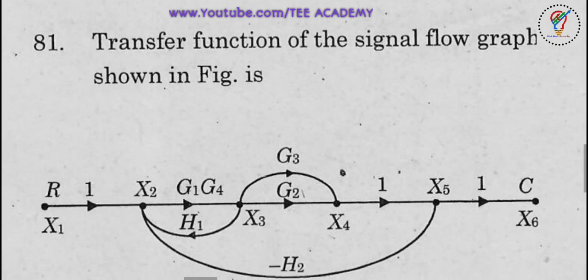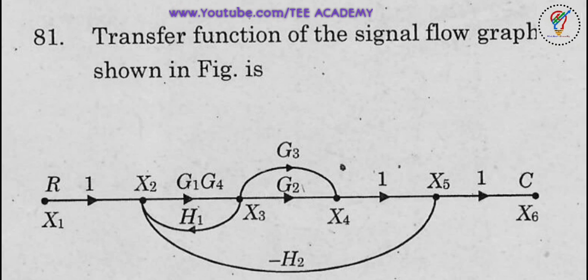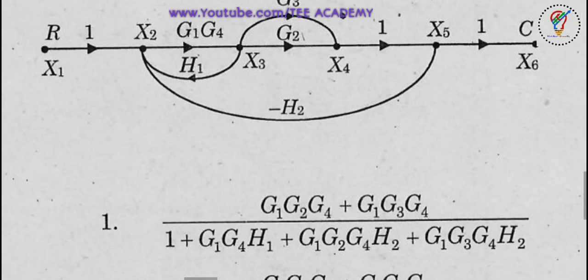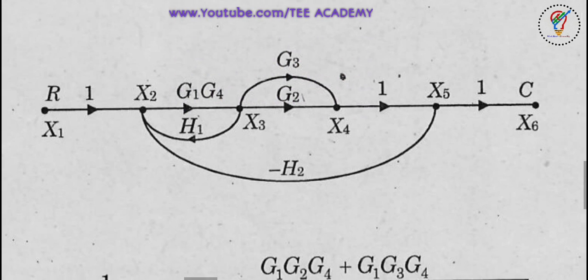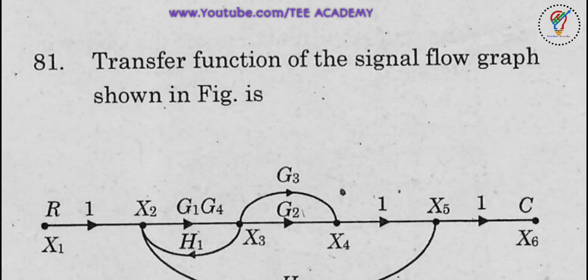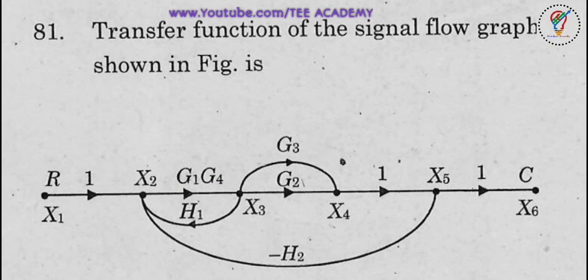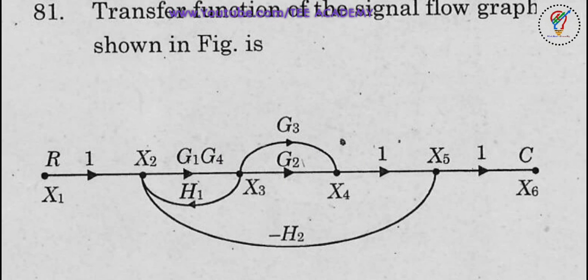The next question here. The signal flow graph is shown here and we need to calculate its transfer function. First we will write the forward paths, and finally we will write the formula.